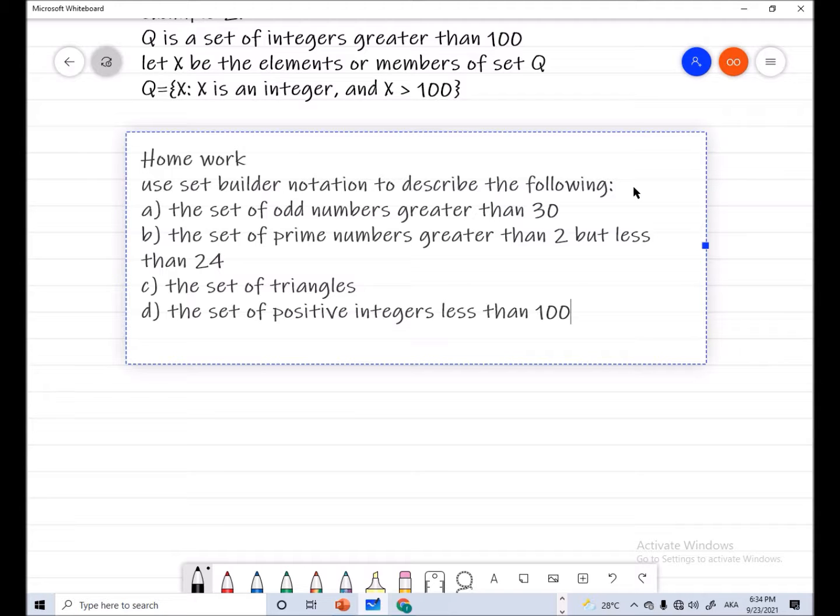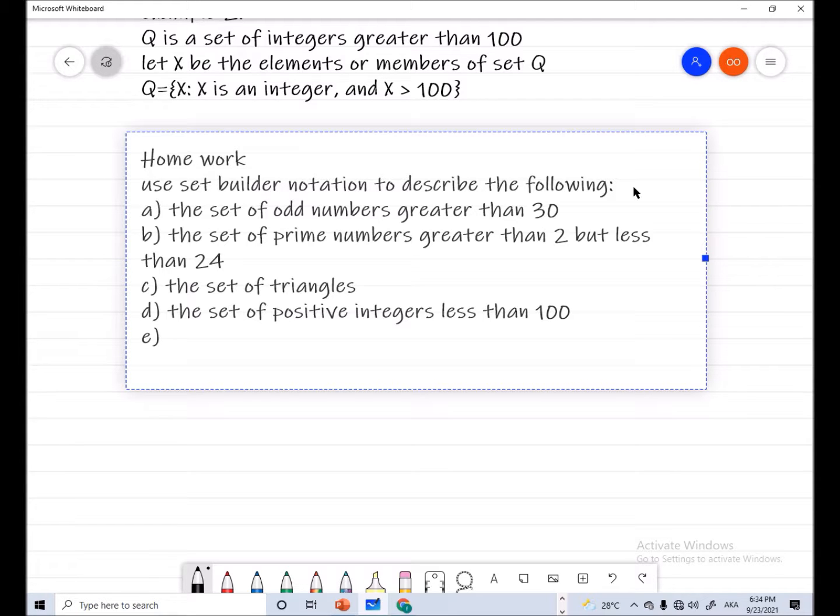Then let's do E, which is the set of rivers in Ghana.